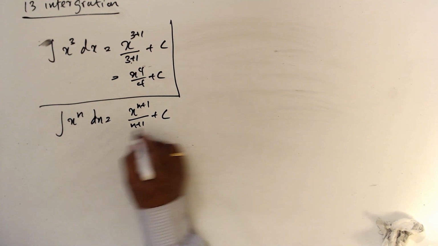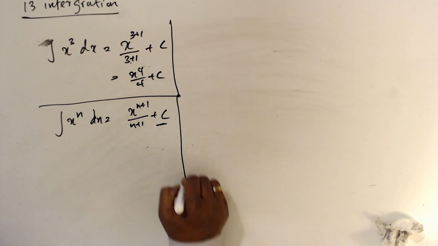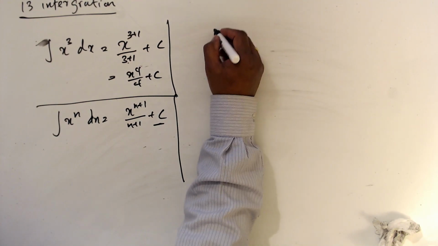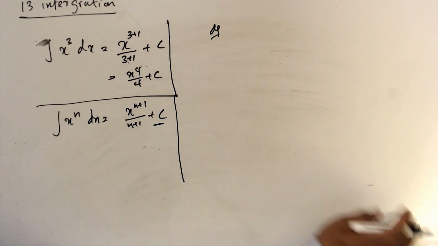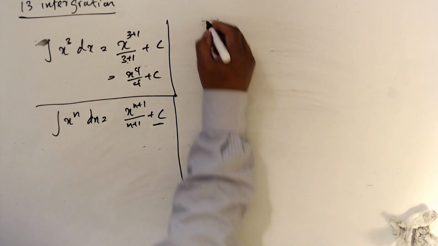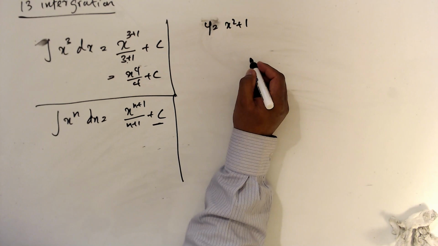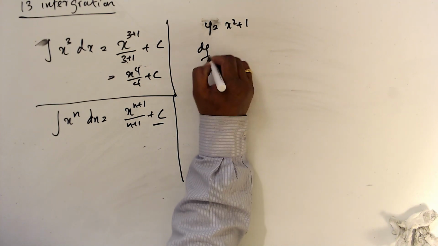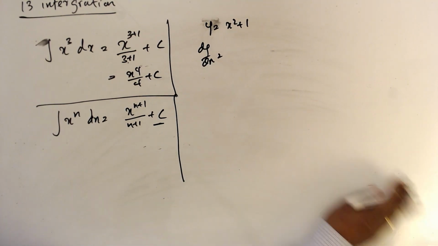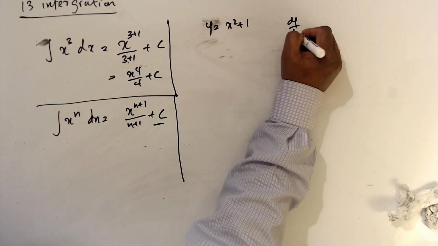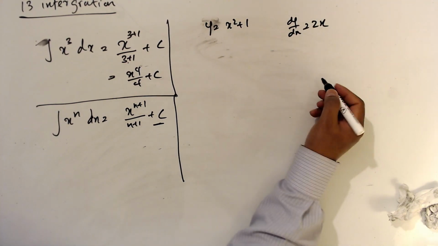Now why are we putting c? Because y equals x square plus 1, when I differentiate this, dy over dx, the answer is 2x.